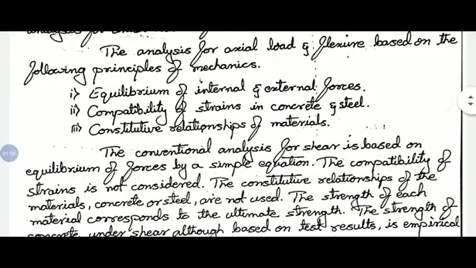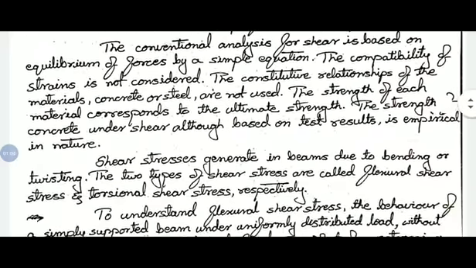of materials. So if we analyze any member, conventional analysis means it is with respect to RCC. If we analyze, we'll consider only simple equilibrium equations like sigma Fx, sigma Fy and moment.